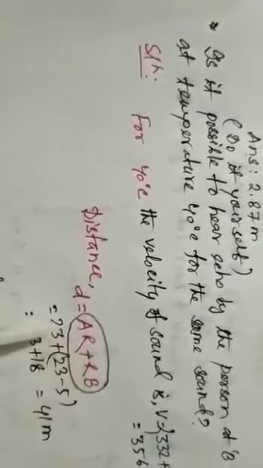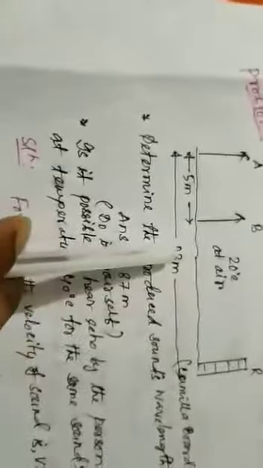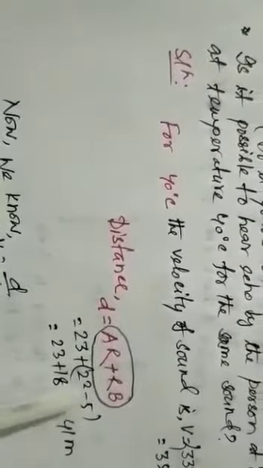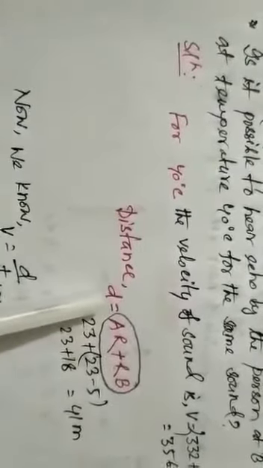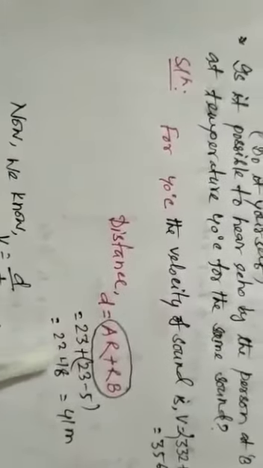AR means 23, as we have found, but RB means AR minus AB. AR is 23, AB is 5. So the total distance covered by the sound is 23 plus 18 is equal to 41 meter. This is the total distance of the sound.